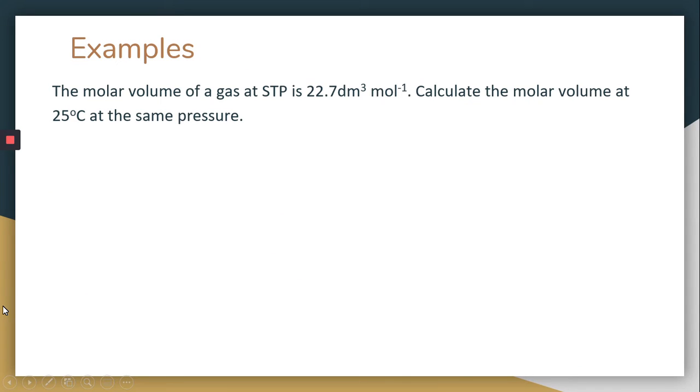All right, so for example, we have a molar volume of a gas at STP. So if we're at STP, then we know the temperature is 0 Celsius or 273 Kelvin, and our pressure is going to be 100 pascals, and then we're calculating the molar volume at 25 degrees Celsius and the same pressure.